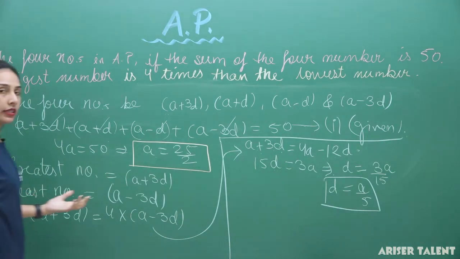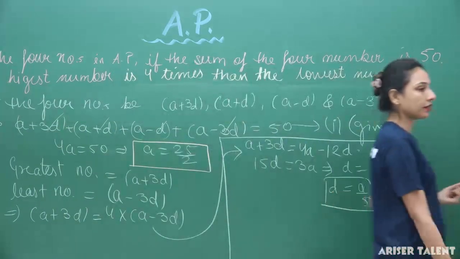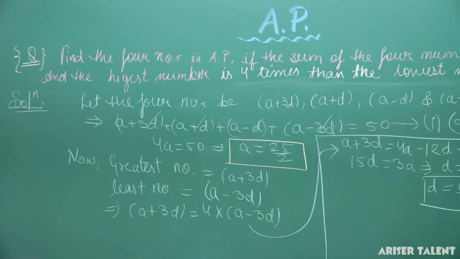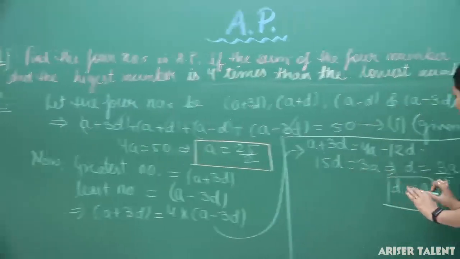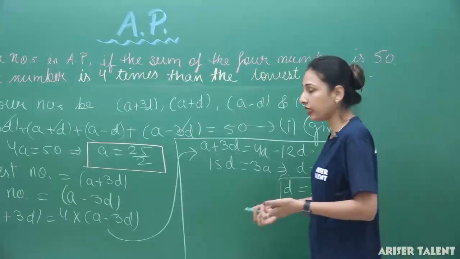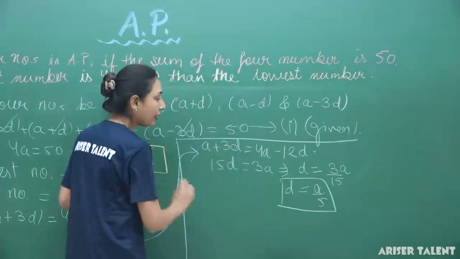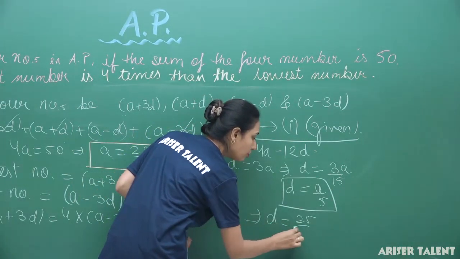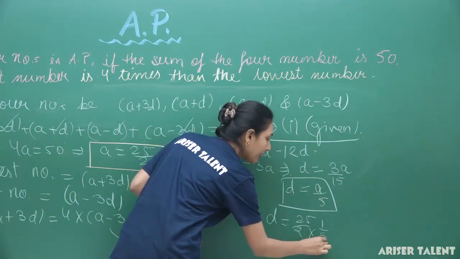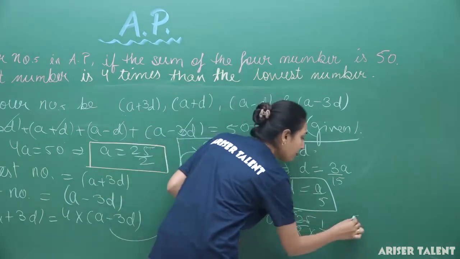Okay, note it. Now we have these two values, a equals 25 by 2 and d equals a by 5. Already the value of a is 25 by 2, so d equals 25 by 2 multiplied by 1 by 5, which equals 5 by 2.